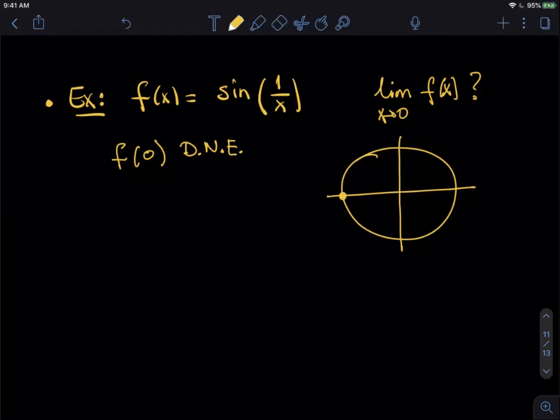So let's say we take 1 over x equal to pi, or x equals 1 over pi. I'm picking this one because then it's easy, okay? So f of 1 over pi is the sine of pi, which is 0.